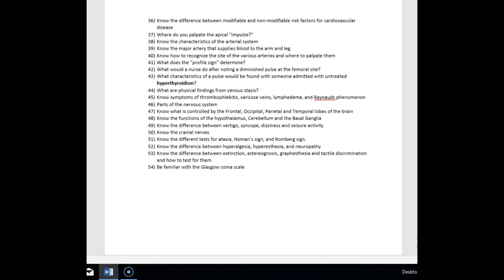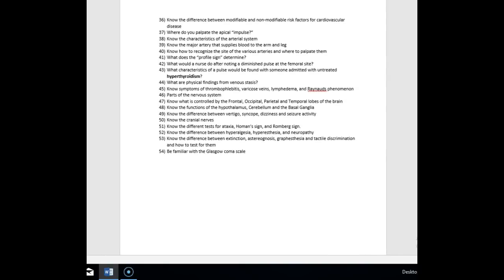Because if you did the assessment and didn't find a pulse, you might have had capillary refill and not a real good pulse.